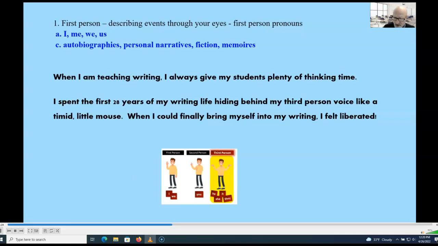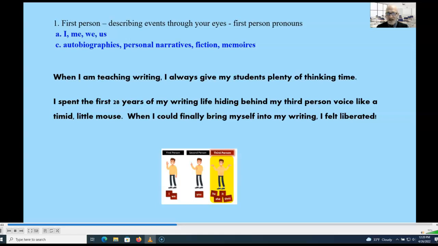First person, writing in the first person, you're describing events through your eyes, the I, me, we, us pronouns. This can establish a stronger connection with your reader. But what's lost is the sense of objectivity. Describing events through your eyes, they're filtered through your biases and your experiences. When I am teaching writing, I give my students plenty of thinking time.